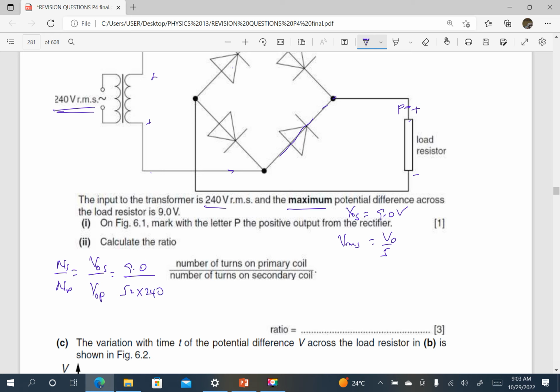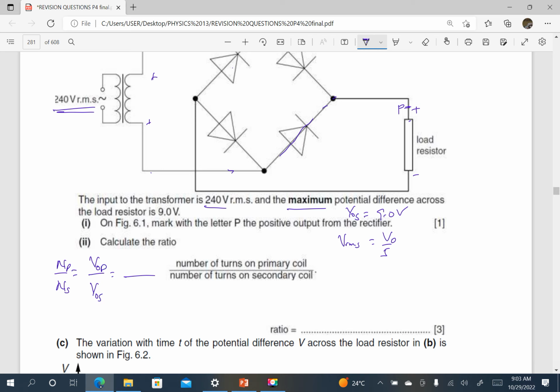So you now press your calculator to get this ratio. Oh, we want primary over secondary. Sorry, I have to change this. So this is number of turns of primary over number of turns of secondary.